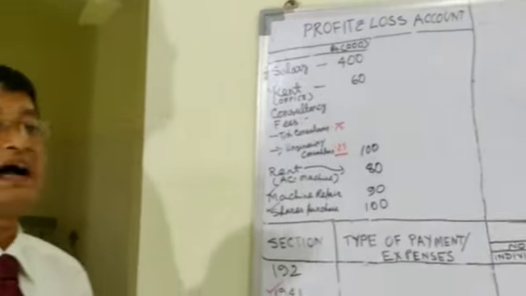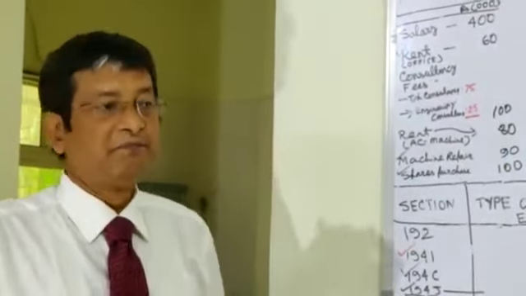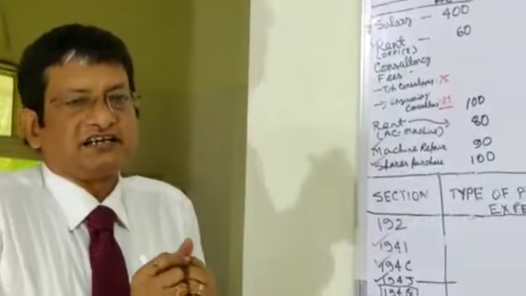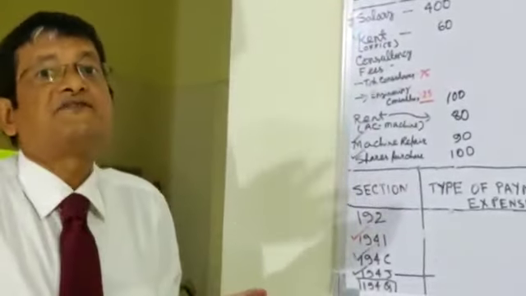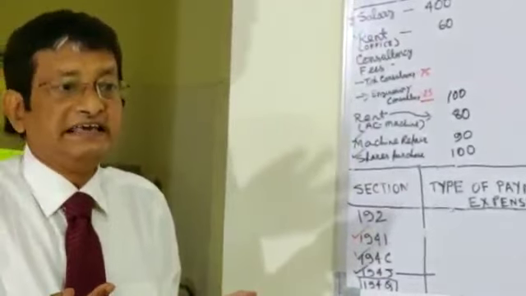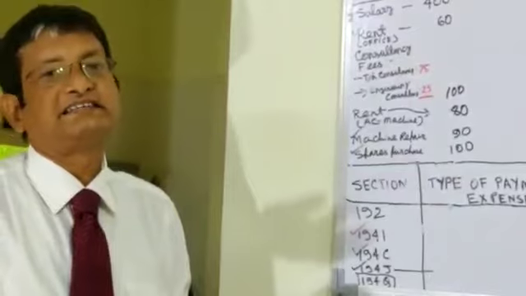So, being an accountant, we have to go beyond the bill, because you will get a bill from a consultant. Now you need to ascertain what type of service the consultant has rendered, whether he has rendered a technical service or a non-technical service.